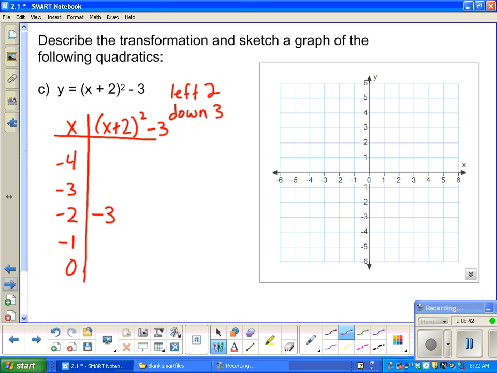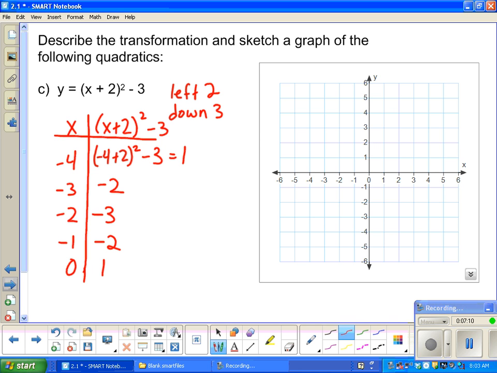If I substitute negative 4 in, that would equal 1. When I substitute negative 3, I'm going to get negative 2. When I substitute negative 1, I get negative 2. And when I substitute 0, we get 1.